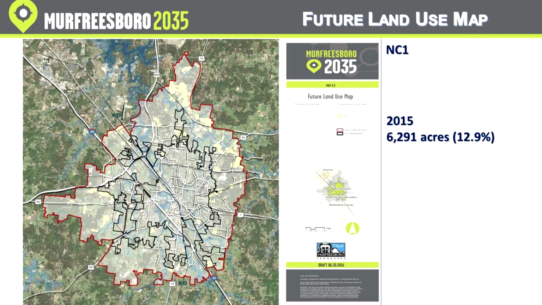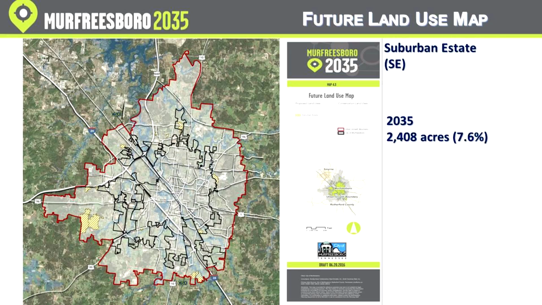This land use classification, NC1, is the rural estate classification for existing large lot residential areas, mainly within the urban growth boundary, and that makes up about 12.9% of the developed area. And that 12.9% is not of the whole developed area, that's of the 48,934 developed acres right now.